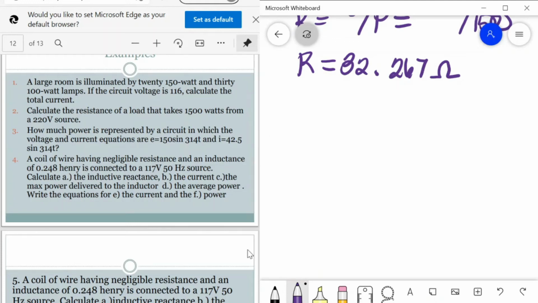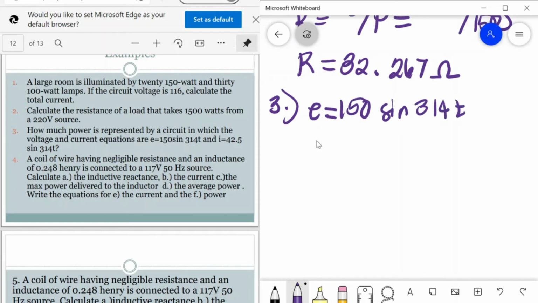We have an equation here where your instantaneous voltage has an equation of 150 sine of 314t and instantaneous current 42.5 sine of 314t.